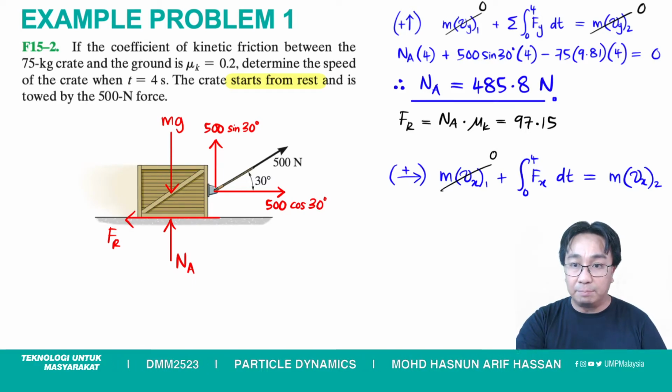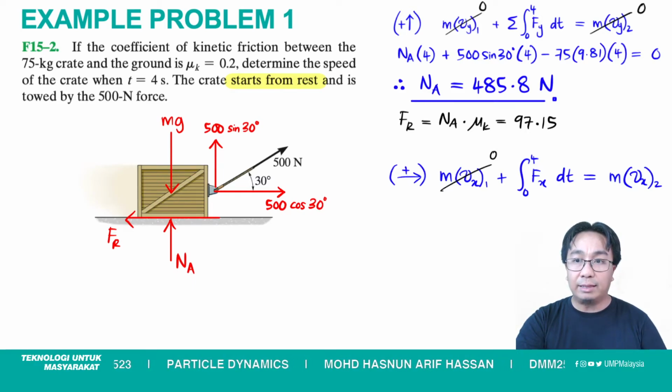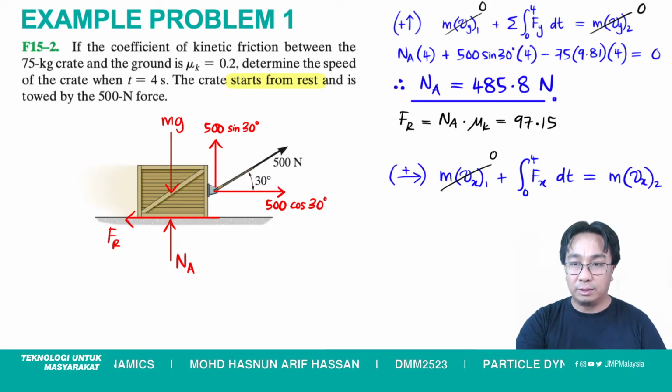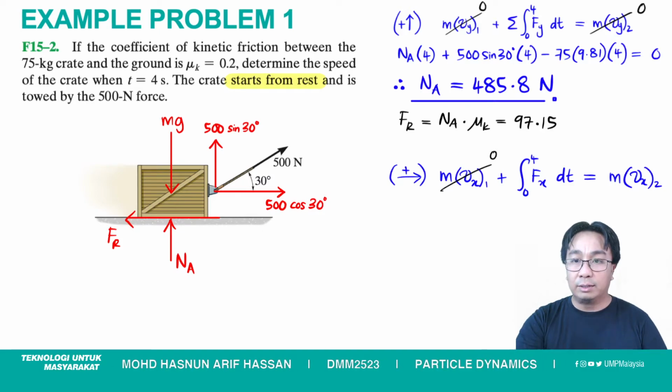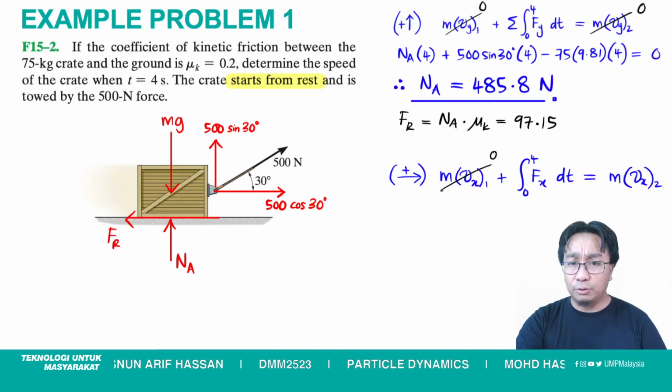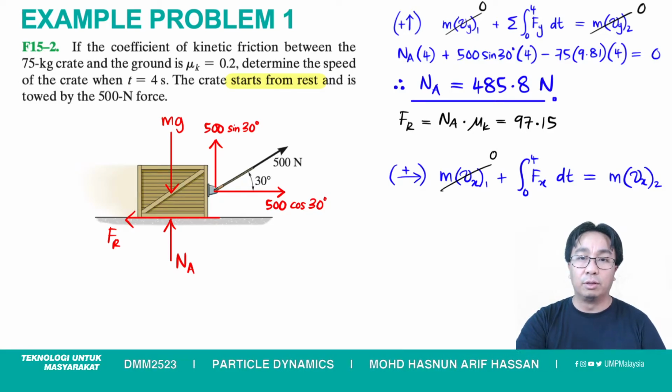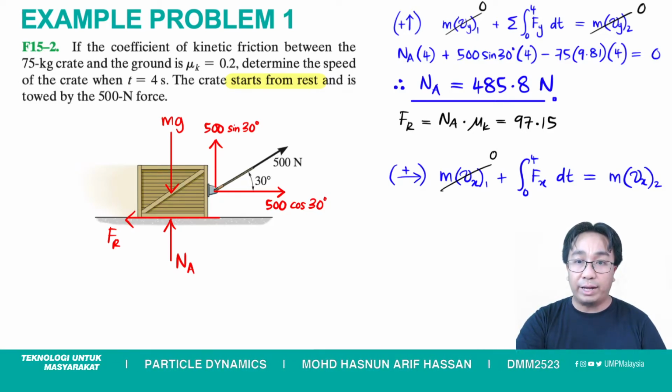And we know that it starts from rest, therefore m vx1 is equal to 0. What's left is the impulse in the x-axis, and then the velocity vx2, which is the speed that we are going to find out. The impulse in the x-axis is similar to calculating the impulse in the y-axis. You look at the forces acting in the x-axis.